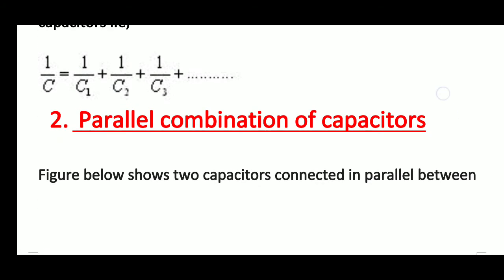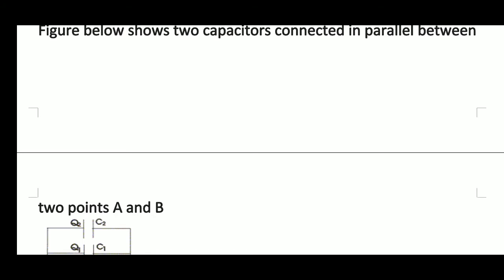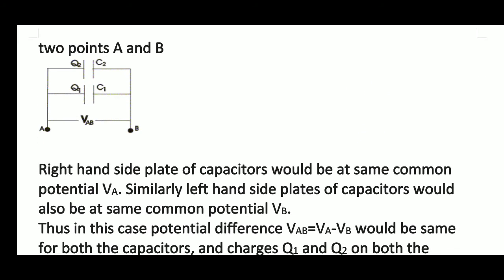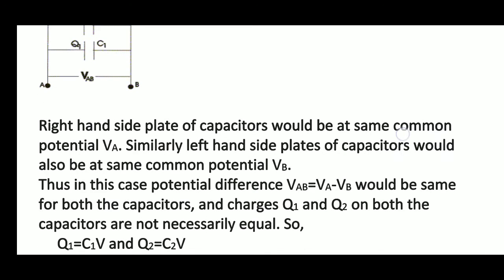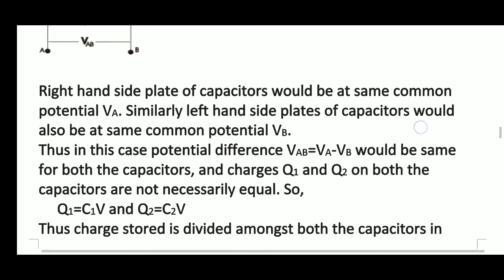The second type of combination is the parallel combination of capacitors. Now this figure is the connection of capacitors in parallel. You have two capacitors having capacitance C1, C2 connected between points A and B. The right hand side plates of the capacitors would be at the same common potential VA, and the other side plates would be at the same common potential VB.